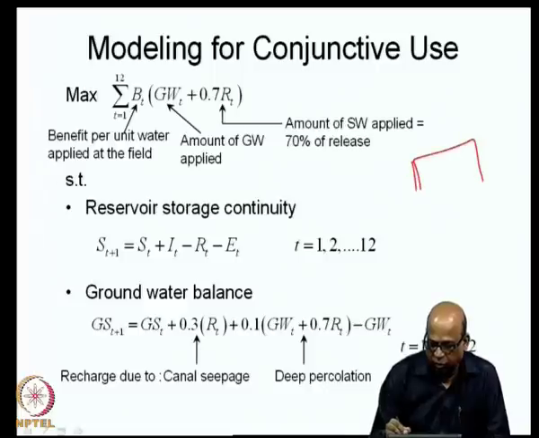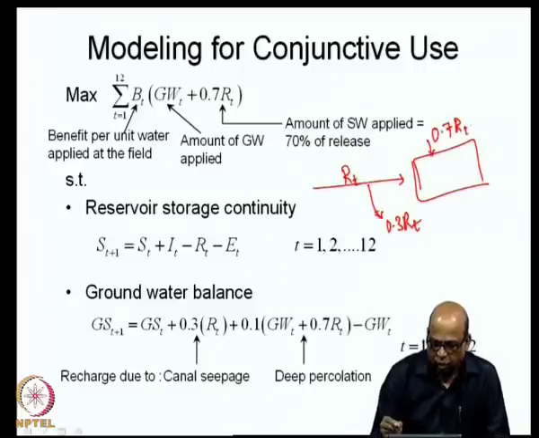So, this is the irrigated area and you are bringing R_t here, 30% goes off as recharge. So, what is actually applied here is 0.7 R_t, and at the same time you have also applied GW_t, which is groundwater pumping.